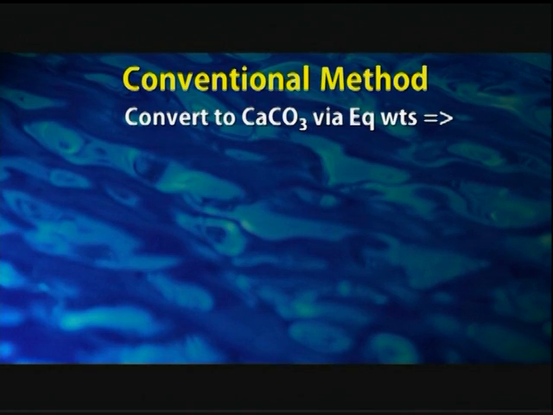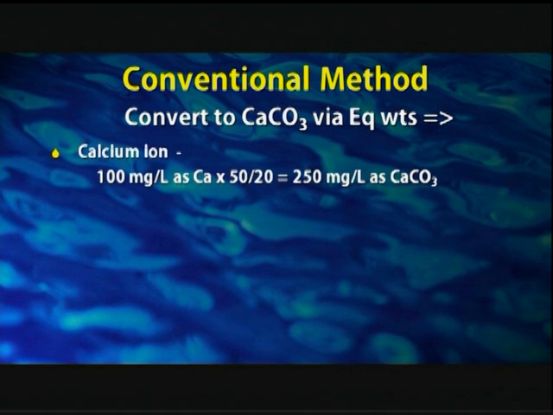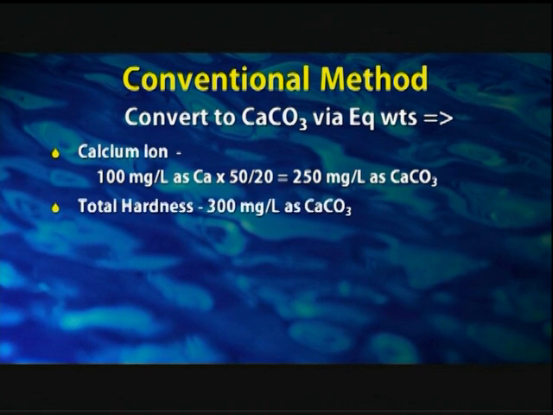Now we're going to convert all of these to calcium carbonate equivalents using equivalent weights. The calcium ion, we have 100 milligrams per liter, and we're going to multiply that times 50 divided by 20. 50 is the equivalent weight of calcium carbonate, and 20 is the equivalent weight of calcium, to get 250 milligrams per liter. Total hardness is already as CaCO3, so you can tell very quickly that the magnesium is going to be the difference between 300 and 250 milligrams per liter.